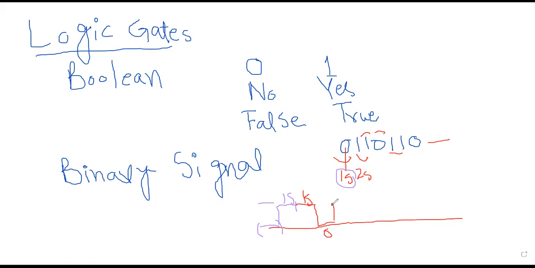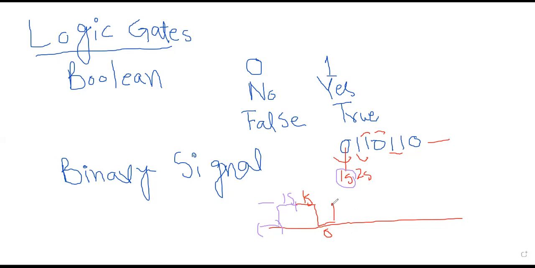Just summarizing logic gates and logic circuits. Logic gates are mainly found in digital computers. So where there are digital computers, there are logic gates. In logic gates there are two major things.